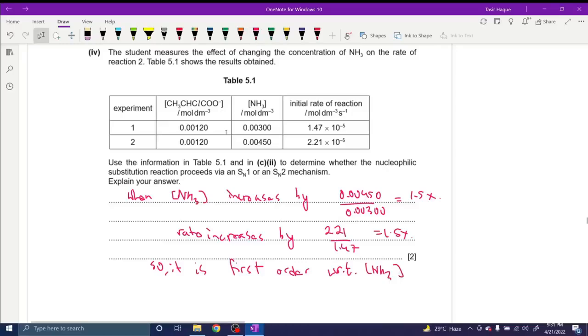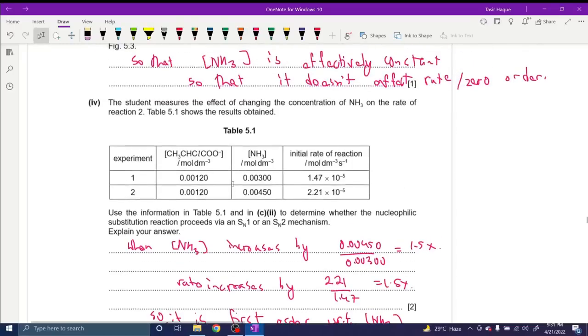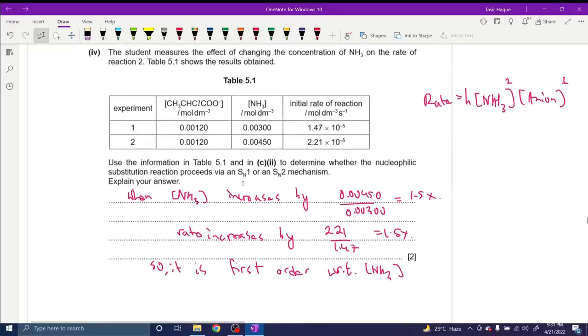Now think about it, what is the overall rate equation? Rate is equal to k[NH3], first order, and also the anion first order, right? So in total, the order of the reaction is 1 plus 1, which is 2.